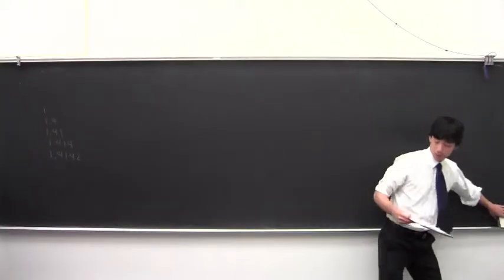It looks like it's tending towards a limit, but there's no rational number that works as the limit of the sequence. Now for the real numbers, it turns out that if you keep on going, this actually tends towards a number, and that number is a real number, which we call the square root of 2.